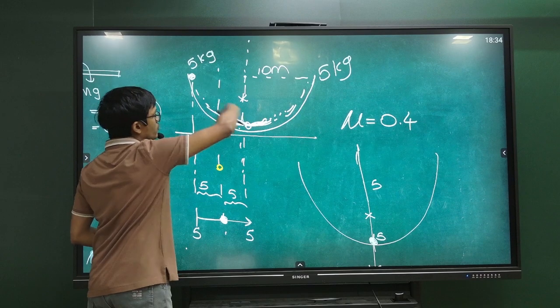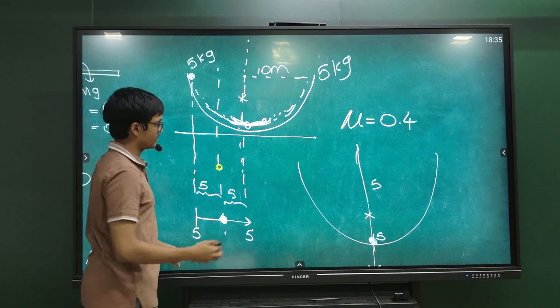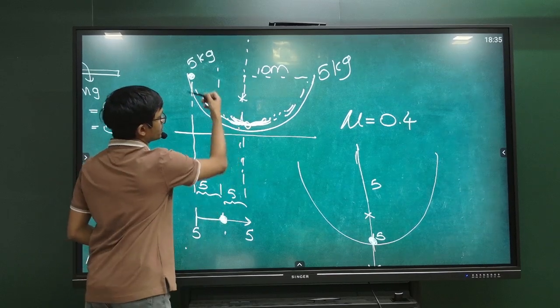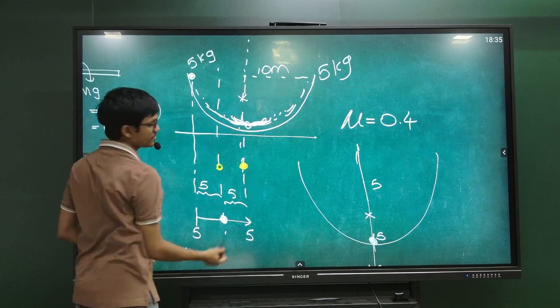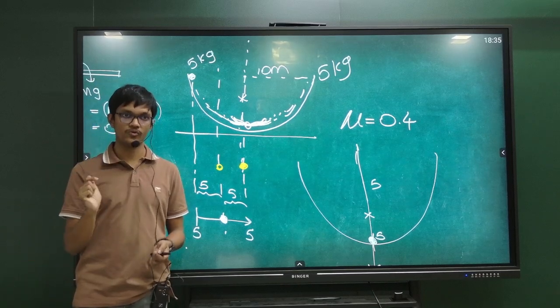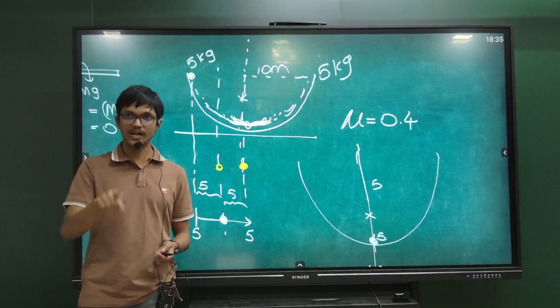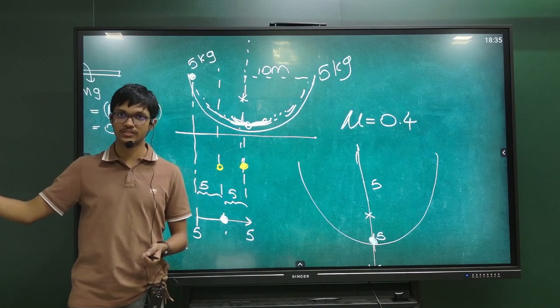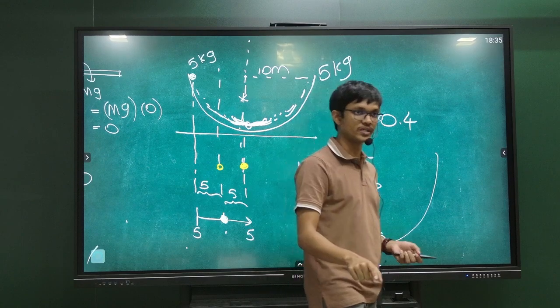When this thing moves and when it becomes stationary, the center of gravity of this whole system is here. Clear? But according to Newton's first law, the center of gravity can't move without external unbalanced forces. Without external unbalanced forces, the center of gravity can't move. Clear?